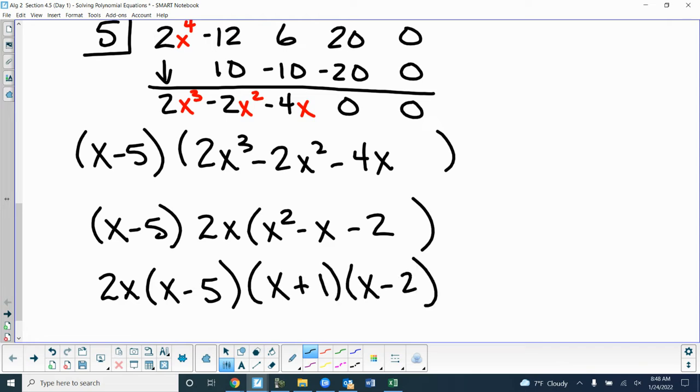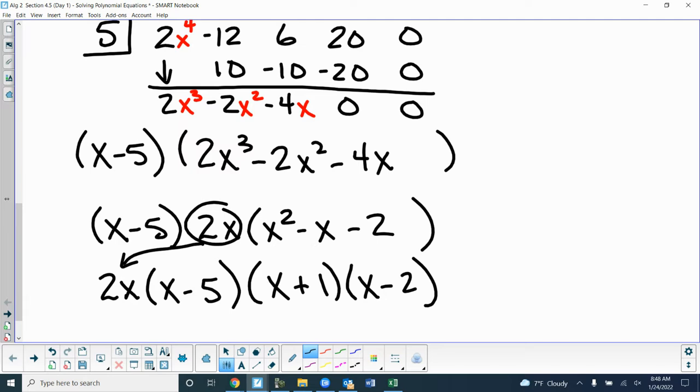When I multiply the positive 1 and the negative 2, I get negative 2 for the c value. And when I add the positive 1 to the negative 2, I get the negative 1 for the b value. I like to put the GCF out front. That's why I moved it there, but it doesn't really matter where you put it. It's still a factor, though. So that's what you should have gotten for 17 once you're finished.